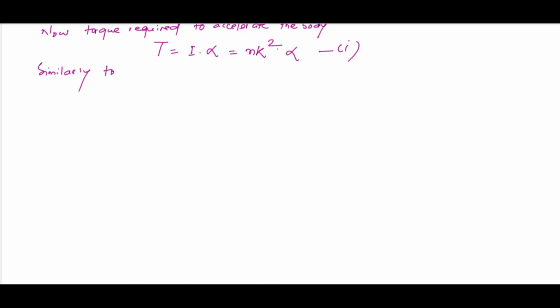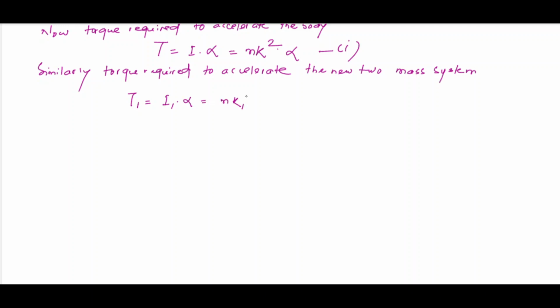Similarly, the torque required to accelerate the new two mass system will be T1 equal to I1 alpha, or M K1 square alpha. Let's say this is equation 2.